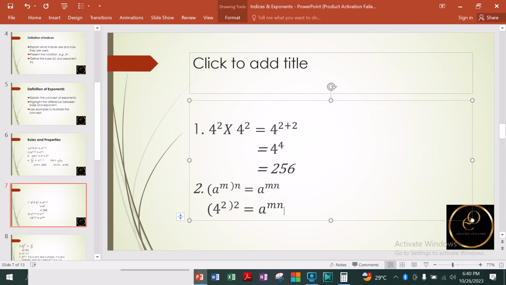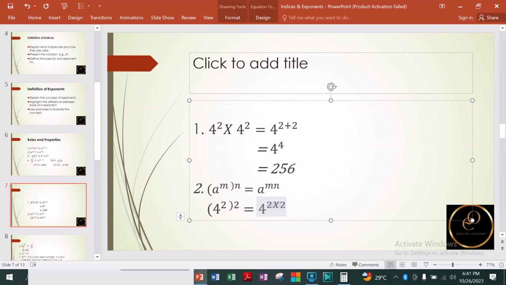So this is what I'm demonstrating here. You have 4 there, which is the base. Then you have 2, which is multiplied by again 2.